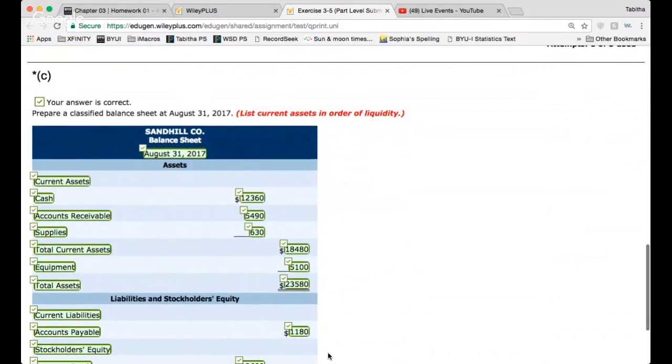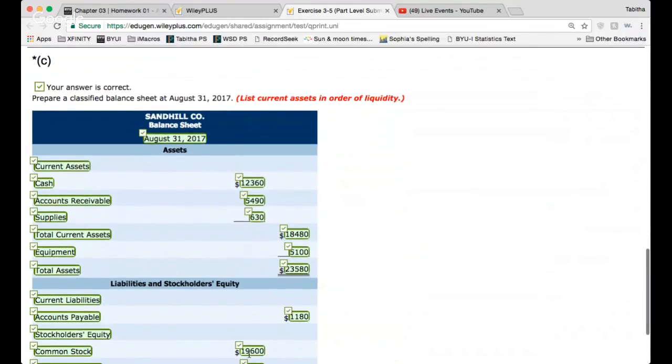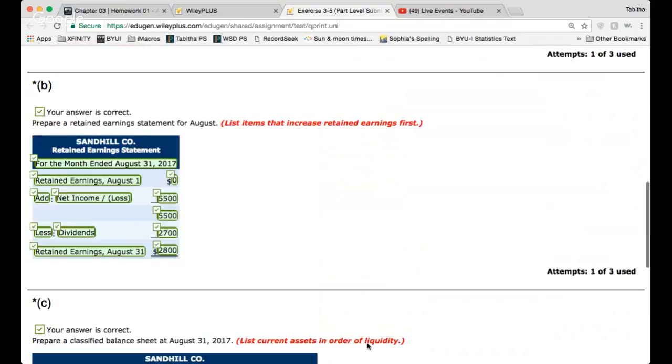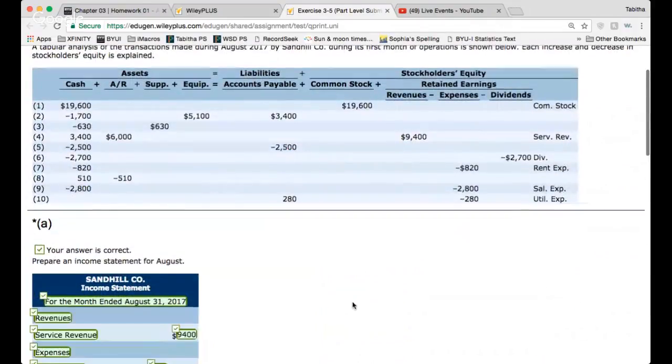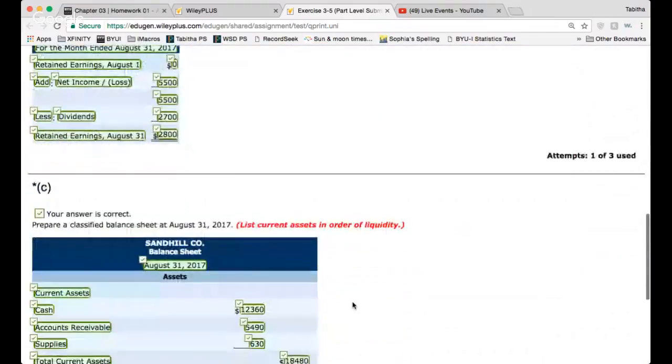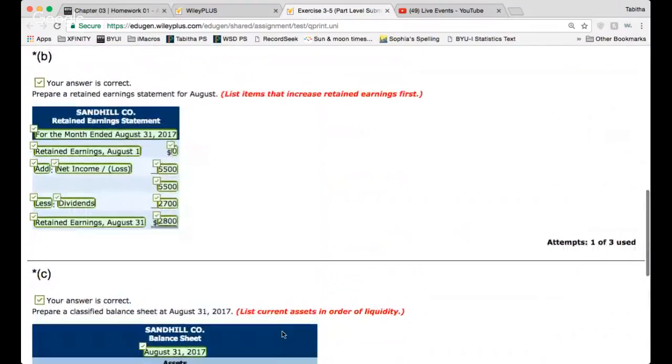Next, we need to put in our stockholders' equity. We have common stock of $19,600, which is here on our table. And after we put in the common stock, we're going to pull our retained earnings, and we can find that number from our retained earnings statement that we did prior to the balance sheet.